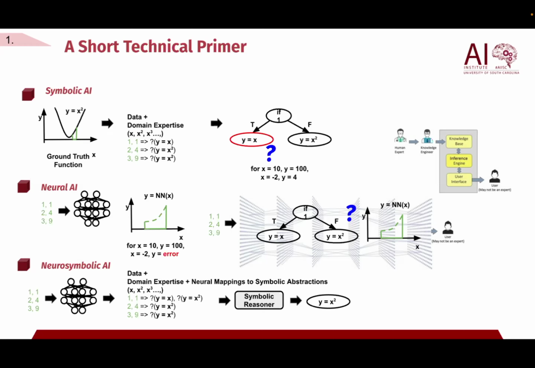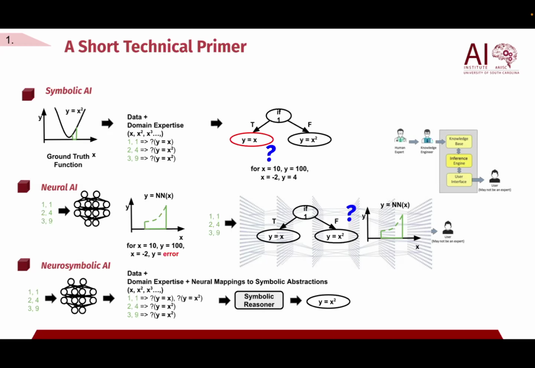So now neurosymbolic AI is an effort to merge the pros of both symbolic AI and neural AI. And here in the illustration, say you had the same data set and the same kind of domain expertise, the set of basis functions to start with. The human error in omitting the mapping of 1 as a data point to y equal to x squared would not happen in this case, presumably, because a neural network would identify that this mapping is also plausible for that data point.